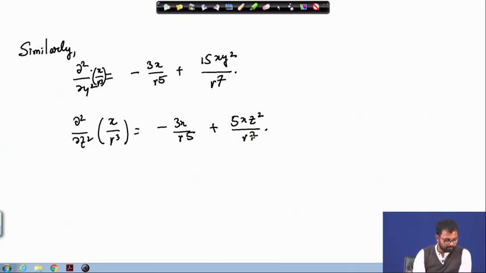So, now let us add all these ∂²/∂x², ∂²/∂y² and ∂²/∂z² terms.